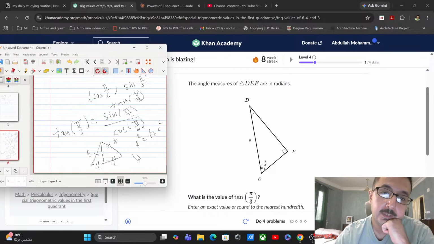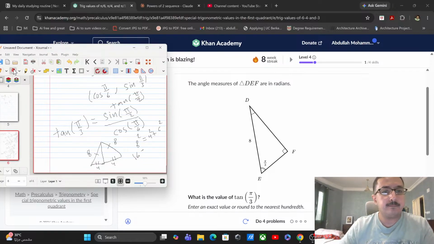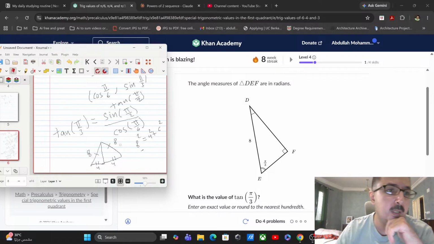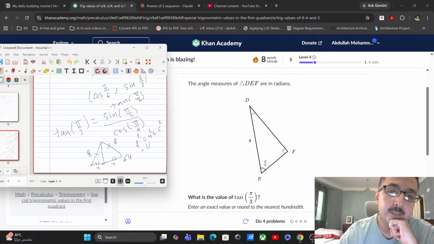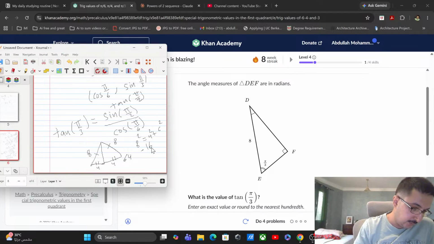So it's going to be 16 minus, wait, not 16. 8 squared is going to be 64 minus 4 squared, 16. Am I correct? 4 squared is 16. 64 minus 16. 48.